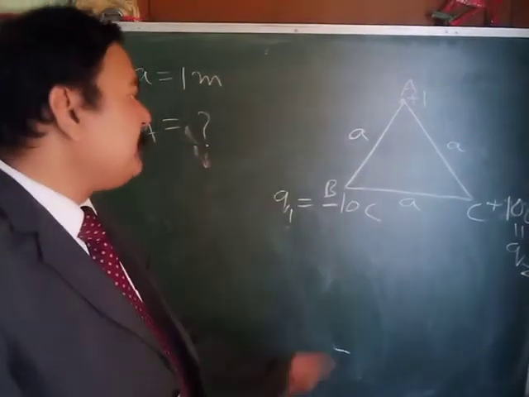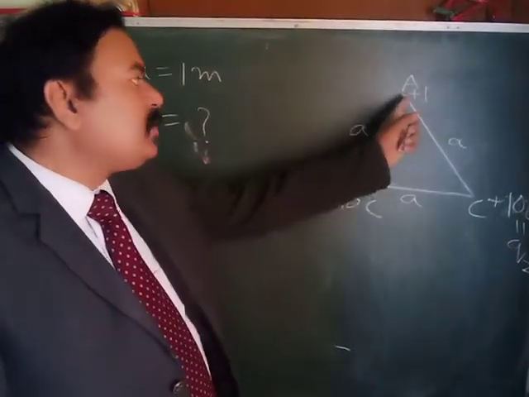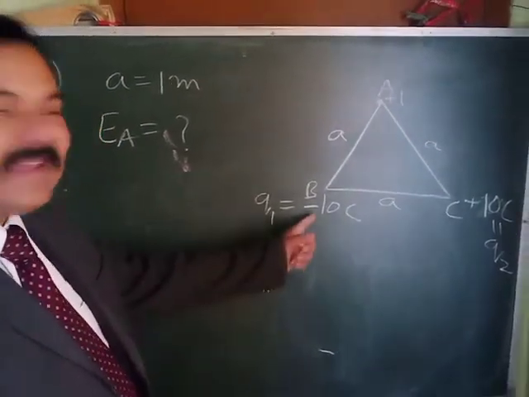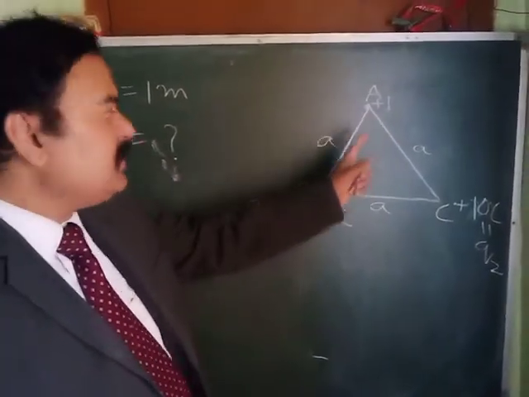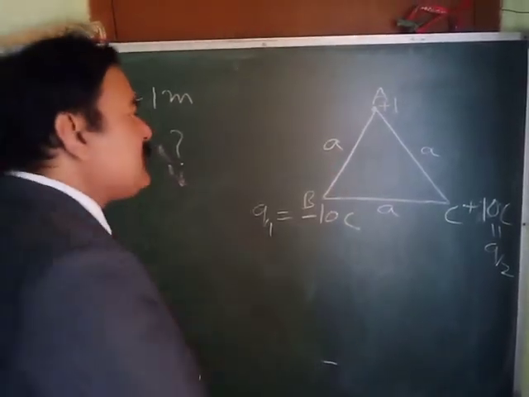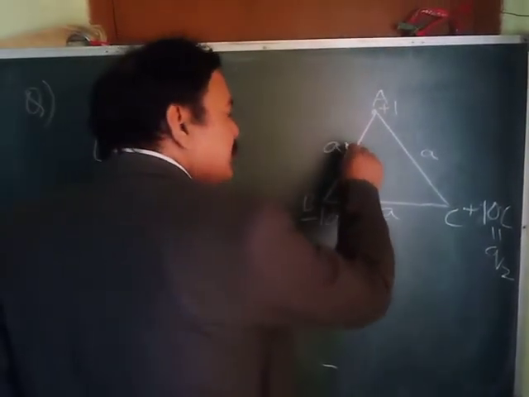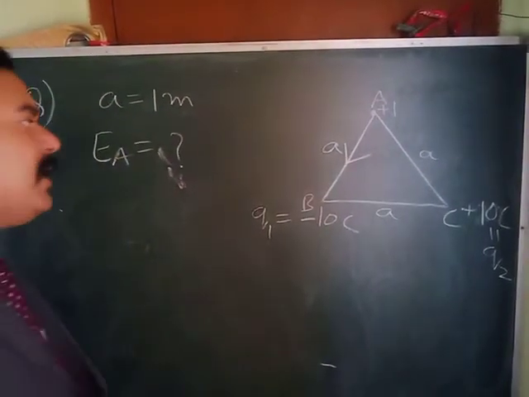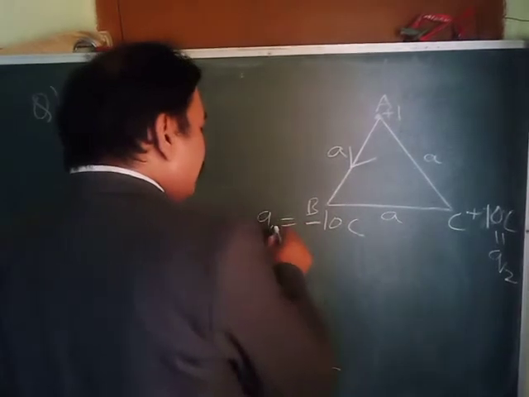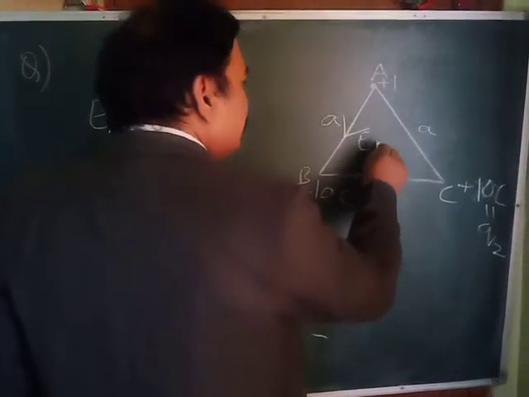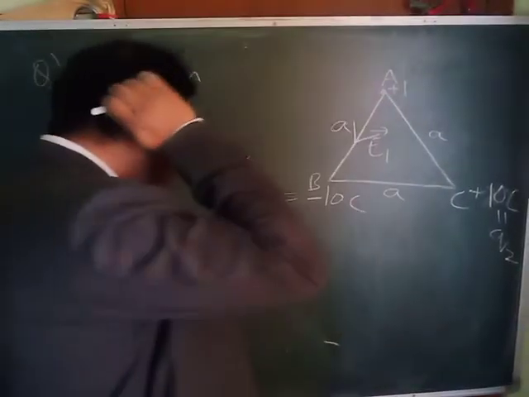Now, is this Q1 charge going to attract or repel it? Obviously Q1 is negative and this is positive, so Q1 will attract the plus 1 coulomb charge in this direction. So the electric field E1 due to Q1 will be directed in this direction.